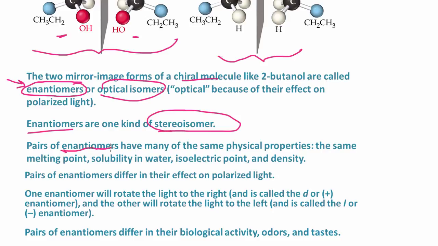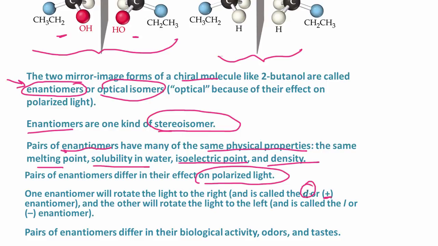A pair of enantiomers may have many of the same physical properties. So they have the same melting points, same solubilities, same isoelectric points, same density, same physical properties. The only way they differ is how they affect polarized light. One enantiomer will rotate the polarized light to the right, and we call that the D, or we give it this plus sign in parentheses.